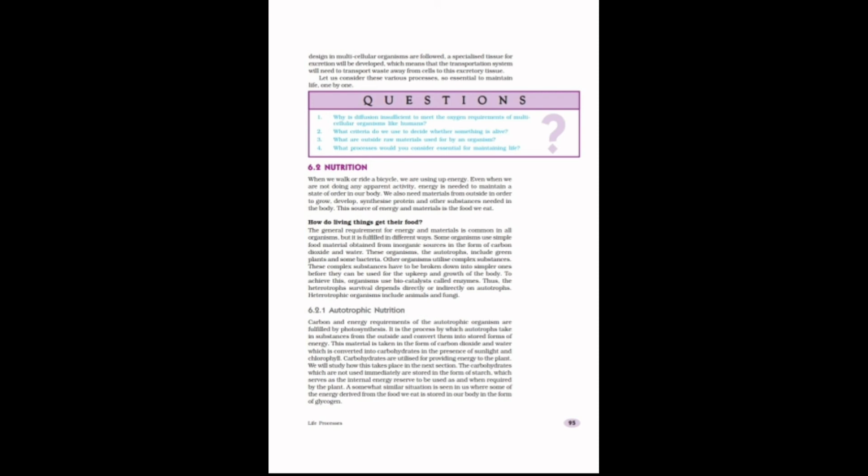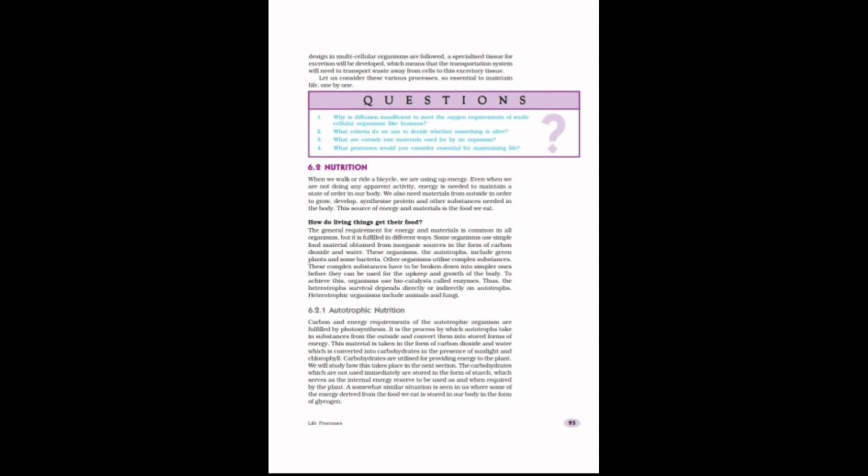These complex substances have to be broken down into simpler ones before they can be used for the upkeep and the growth of the body. To achieve this, organisms use biocatalysts called enzymes. Thus, heterotroph survival depends directly or indirectly on autotrophs. Heterotrophic organisms include animals and fungi.